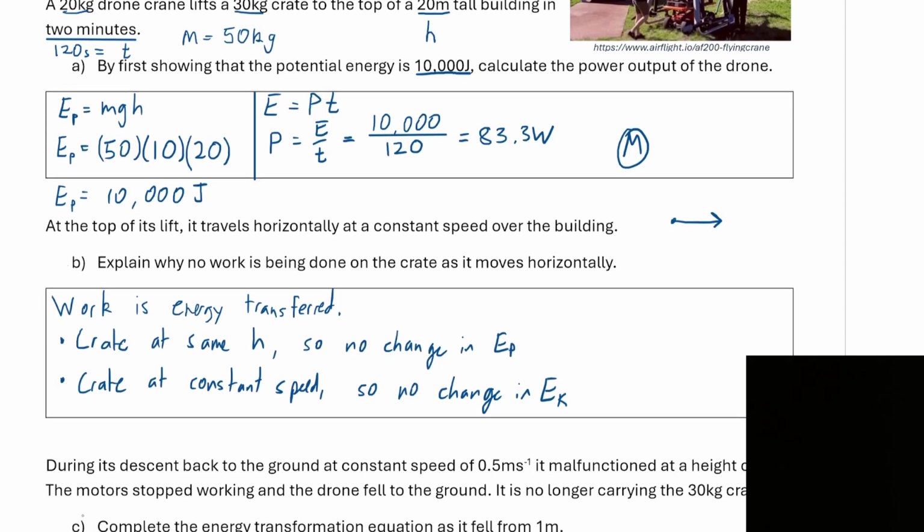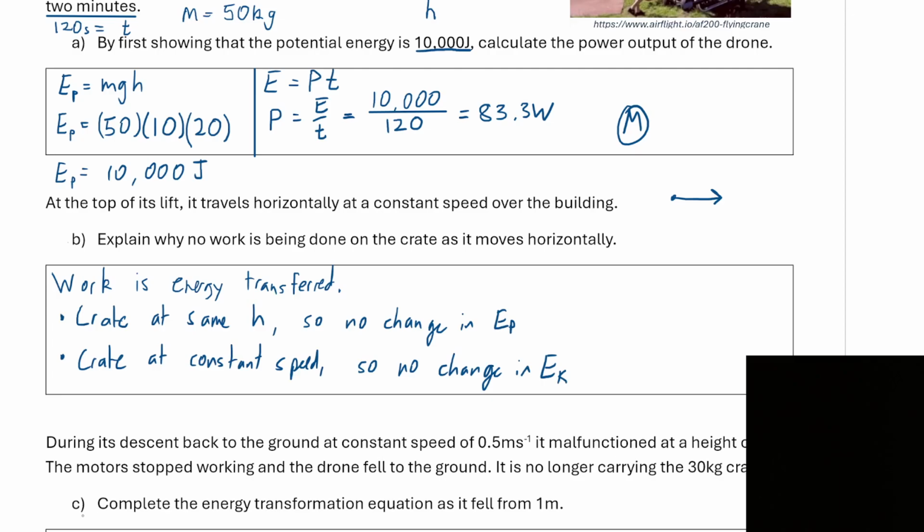And so what does this mean in terms of work being done on the crate? Well, there's no change in potential or kinetic energy, so we can say hence no work is being done on the crate. Full stop. And that is a merit question.